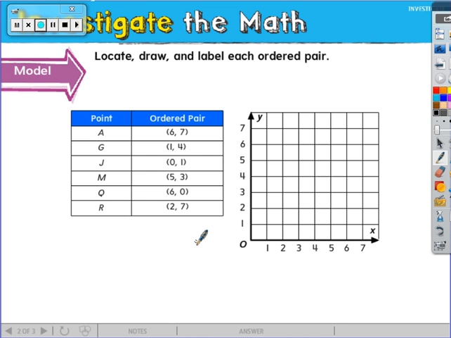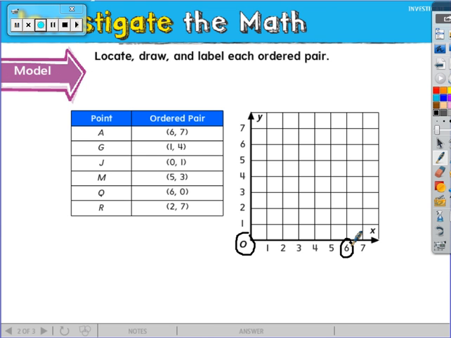What is the x coordinate in my ordered pair for point A? It's 6. So that means I have to start from my origin and count over 6. What is the y coordinate in my ordered pair? 7.